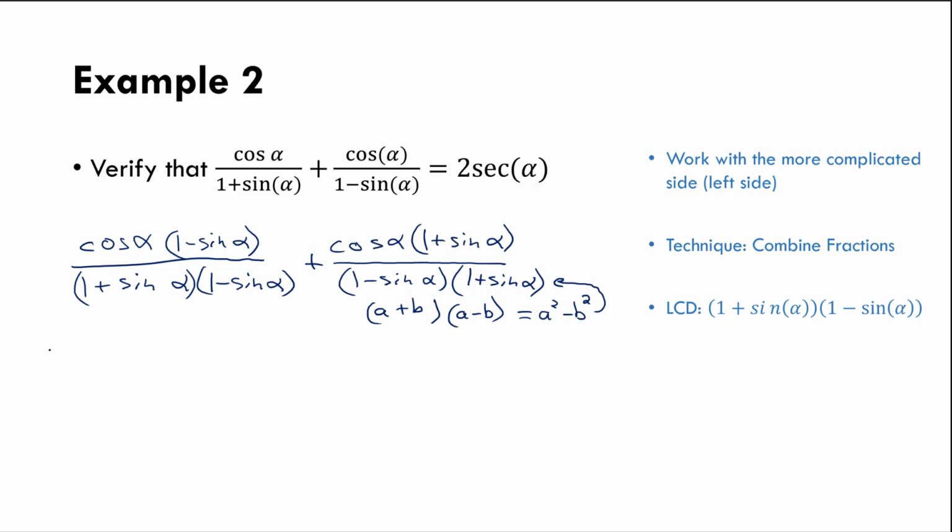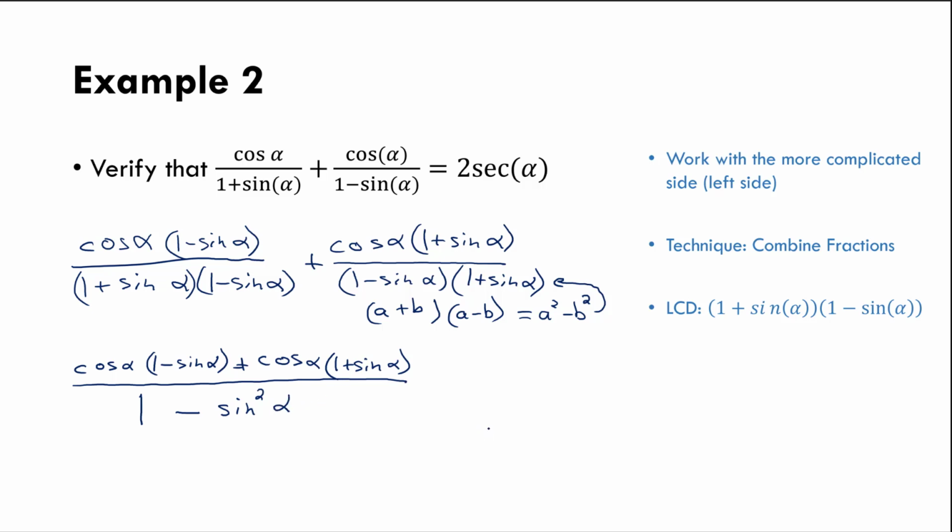So I'm going to rewrite this as cosine of alpha times 1 minus sine alpha plus cosine alpha times 1 plus sine alpha. I'm going to combine these over the same fraction, and I'm going to do this foiling method here. My denominator is going to simplify to 1, since a is 1, and then my b is going to be minus sine squared alpha.